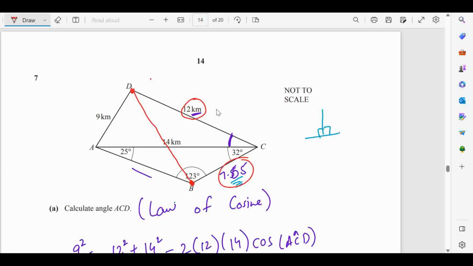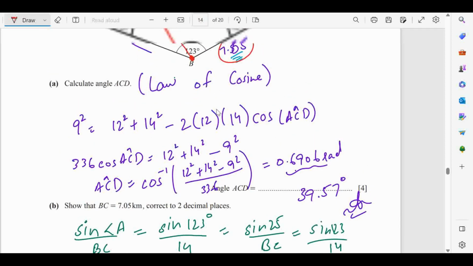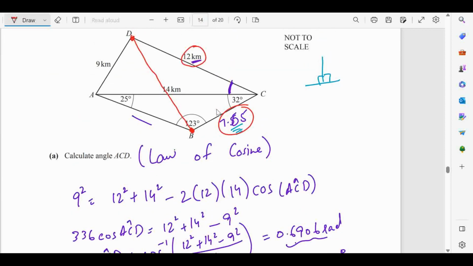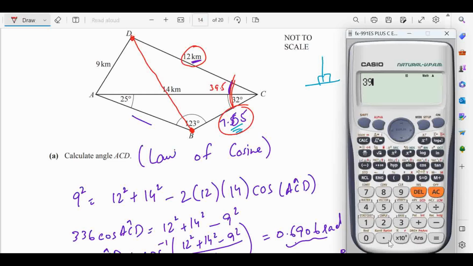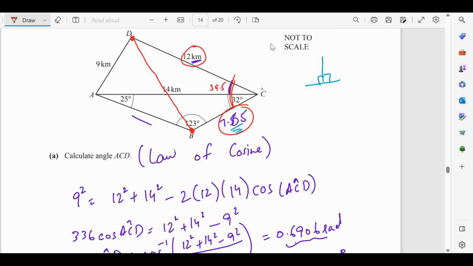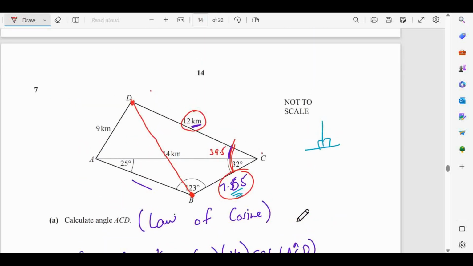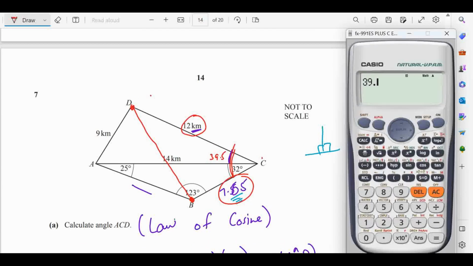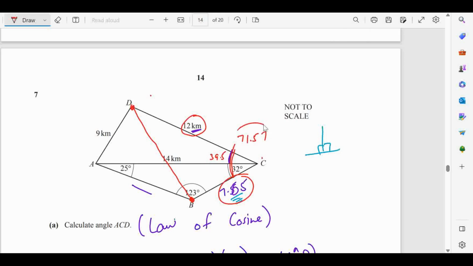Angle ACD was 39.57, and if we add this one, 39.57 plus 32, this will be equal to 71.57. So this is the angle.